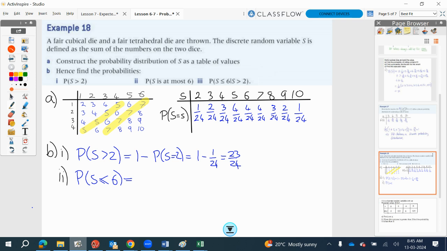So which ones are we adding up this time? We want these ones. This is less than or equal to 6. So we've got 1, 3, 6, 10, 14. 14 over 24. I'm going to simplify that one. 7 over 12.